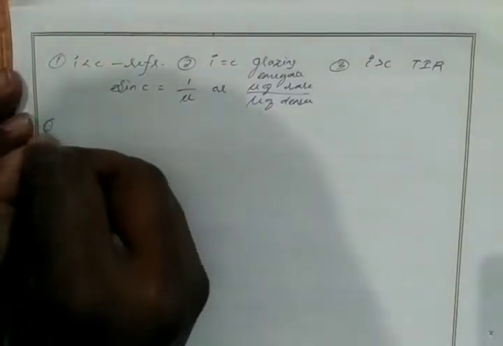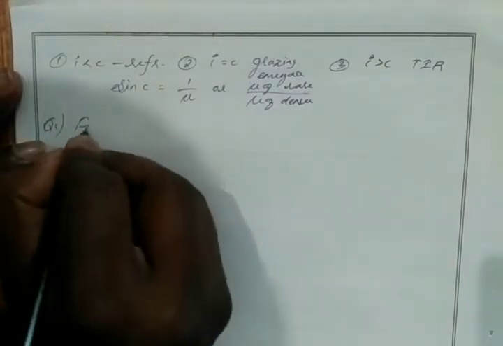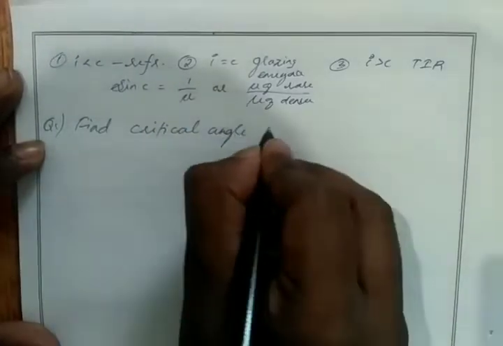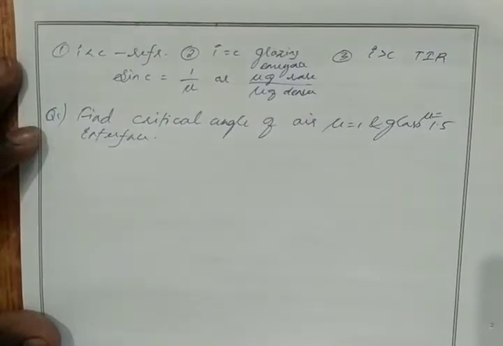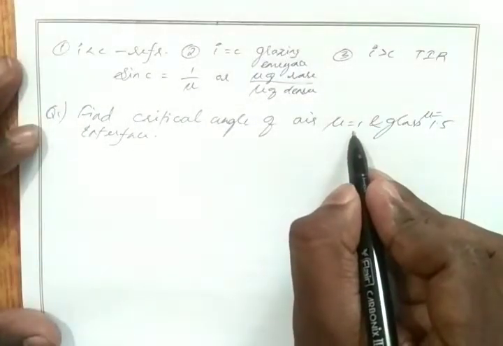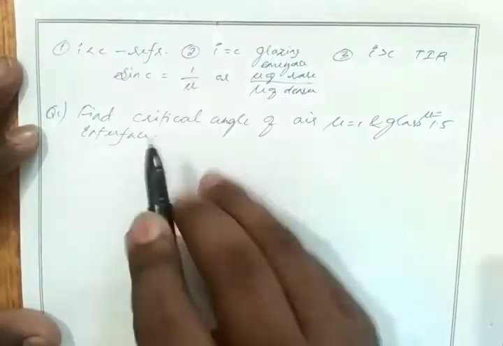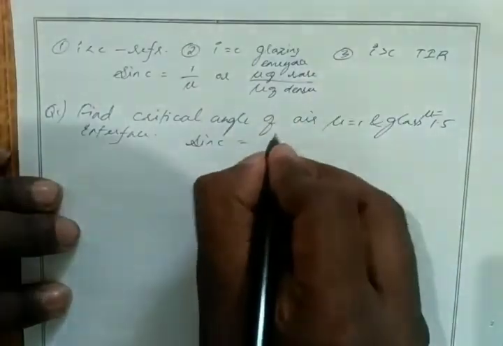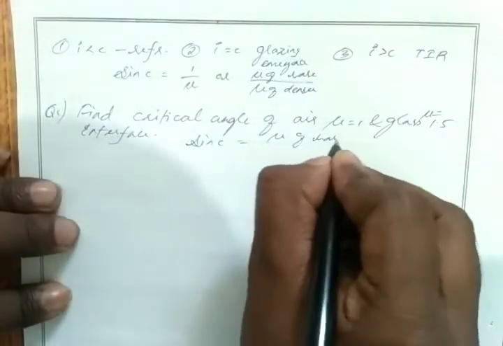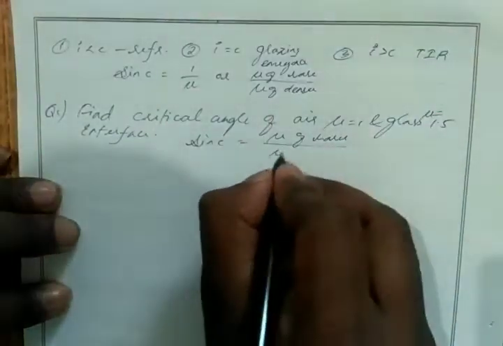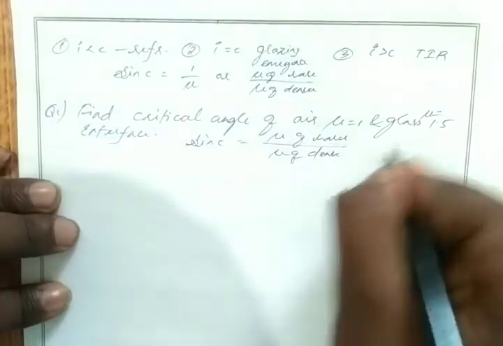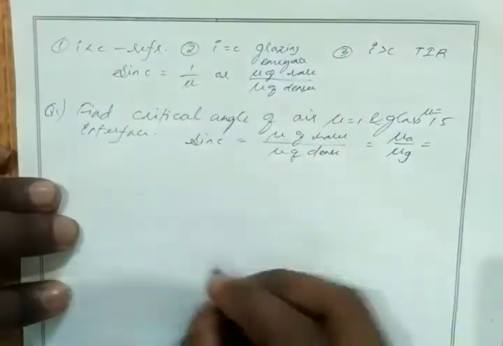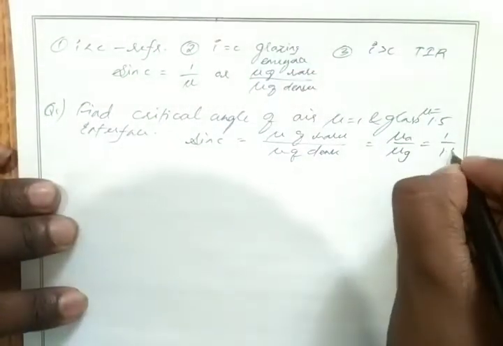Okay, note the first problem: find the critical angle of the air glass interface. The refractive index of air is 1, for glass it is 1.5. We have to find the critical angle. What is the formula? Sin C equal to refractive index of air, or we can say refractive index of rarer medium, divided by refractive index of glass, the denser medium. So 1 divided by 1.5.